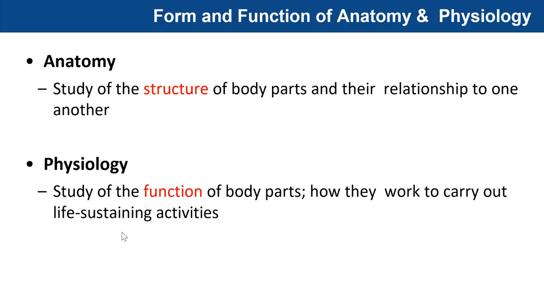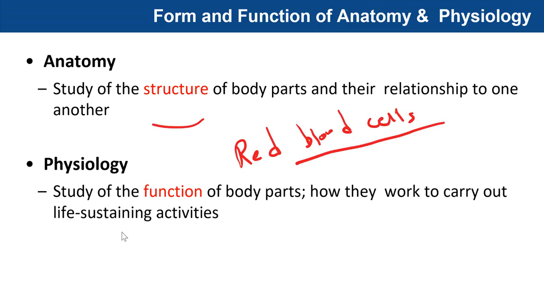For example, anatomy would be the study of the structure of red blood cells, and physiology would be the study of how red blood cells function, how red blood cells carry oxygen throughout your body. We're going to study the function of those cells. You would have a hard time learning and understanding physiology if you did not understand anatomy.